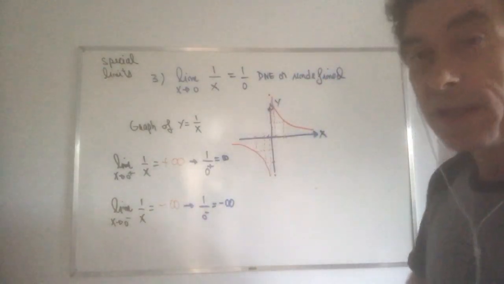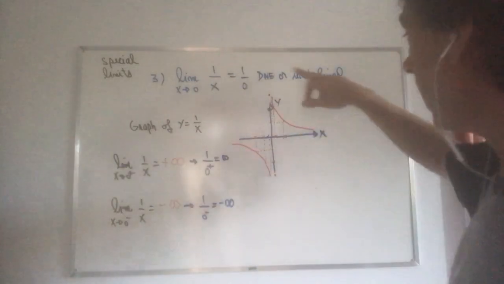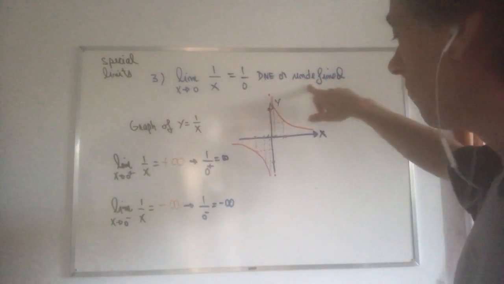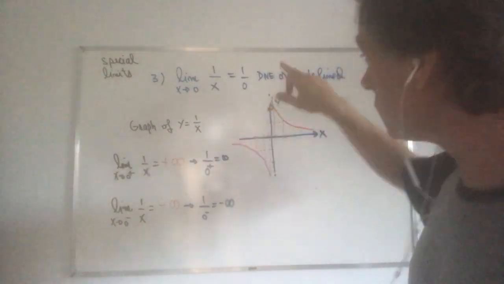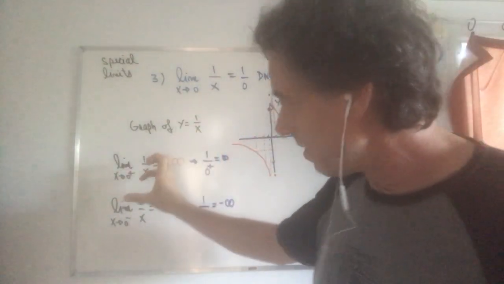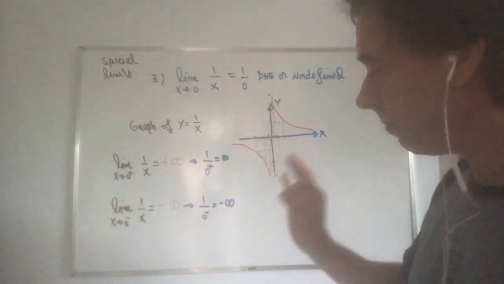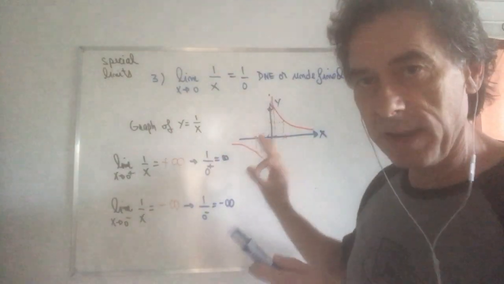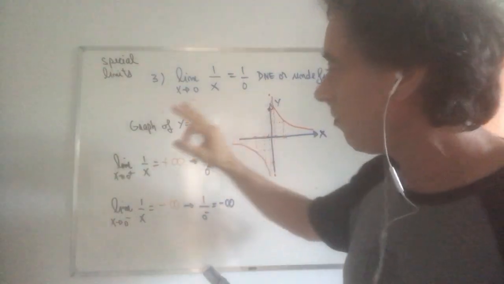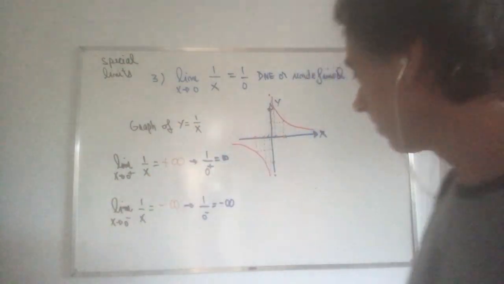All this to say that we are getting something a little more precise here than DNE, or undefined. 1 over 0 is still DNE, it's still undefined, but in the context of this limit in particular, we know that the answer can be refined to the point of saying it's positive infinity if you're approaching from the right, and it's negative infinity if you're approaching from the left.